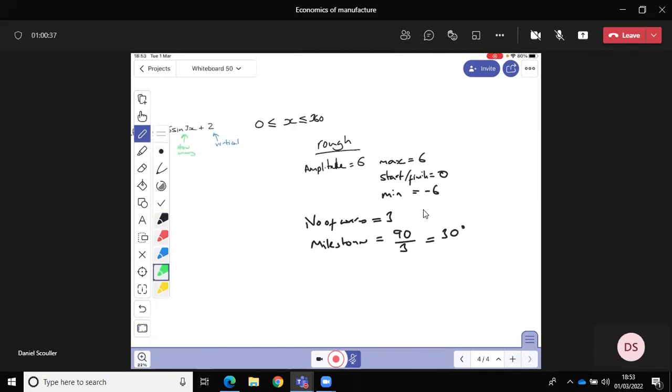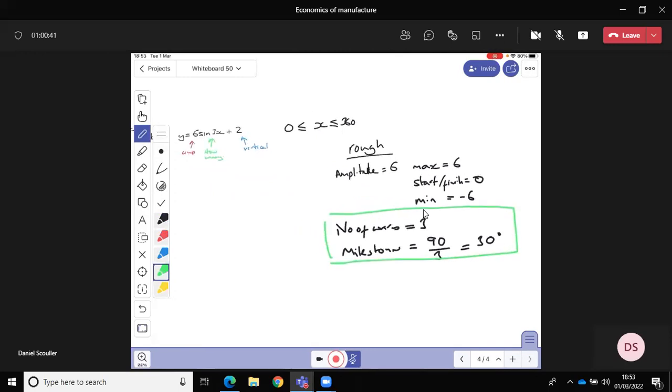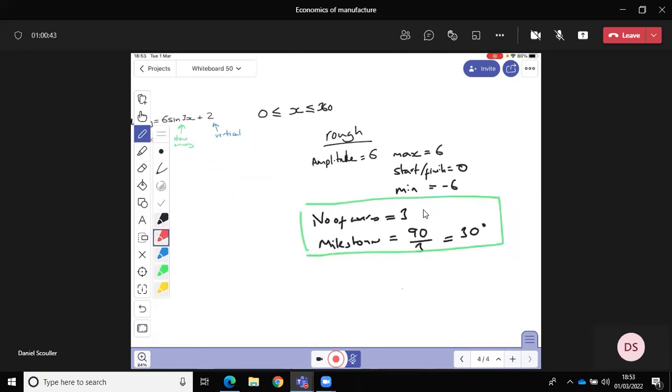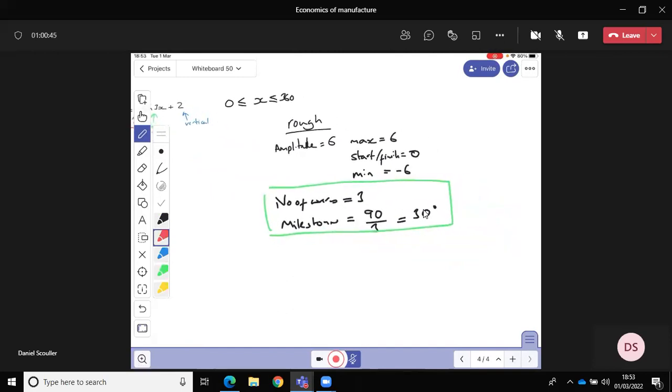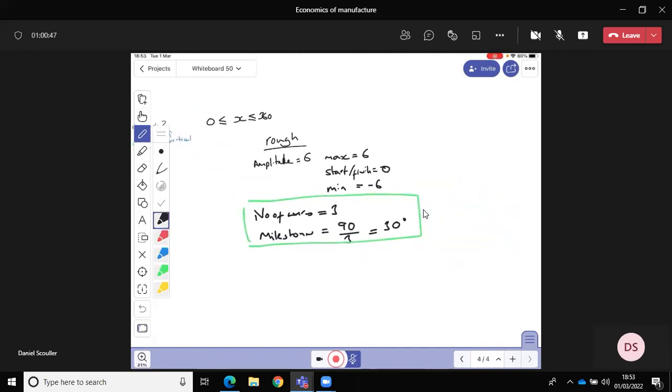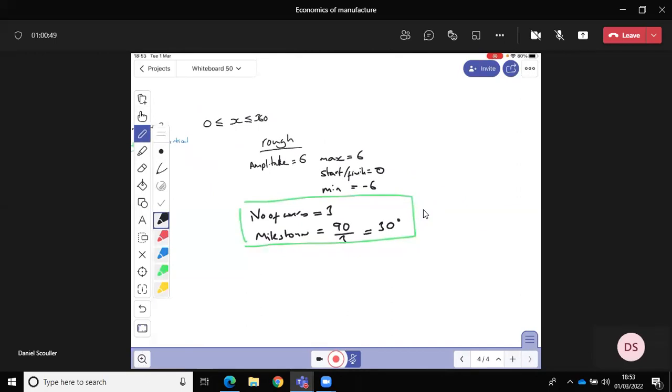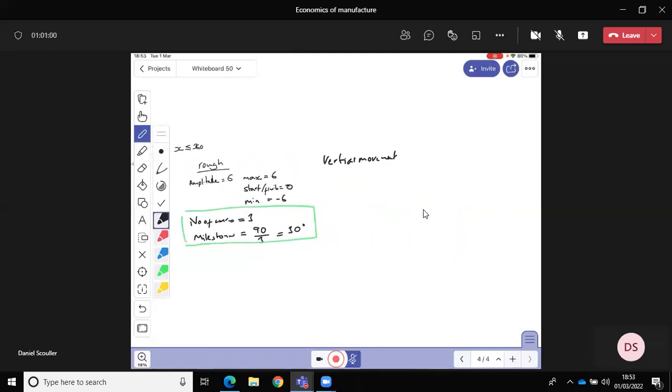So that's the first bit. And then the last bit is the vertical movement. Now it's telling us +2.